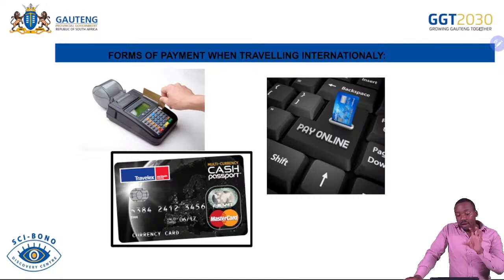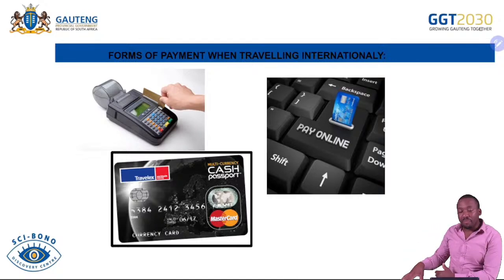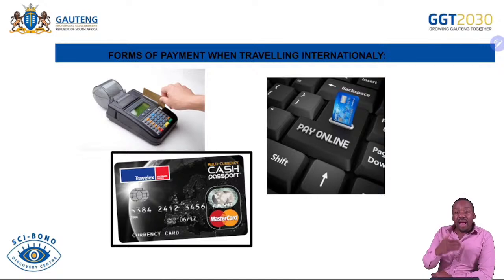They are there for a reason. Analyze the picture. They will help you to identify the correct form of payment. And when you look at this topic, yes, it is about money, but most of the time these are things that we use on a daily basis, if not every day.